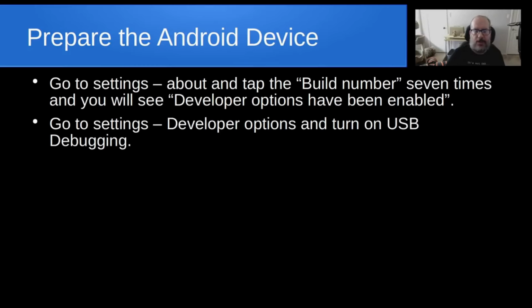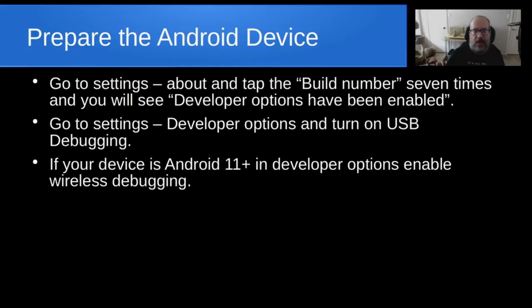And once that happens, then you can go to settings, and in settings you will see a developer options menu that has appeared, and you can turn on what is called USB debugging. And so if your device is Android 11 or later, in the developer options, and this is kind of dependent on the actual modified version of Android you might have, like Fire TV OS in the case of the Fire TV sticks, you might want to also enable an option called wireless debugging.